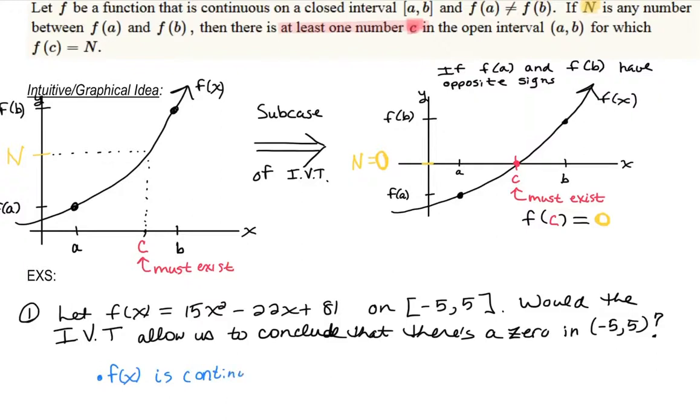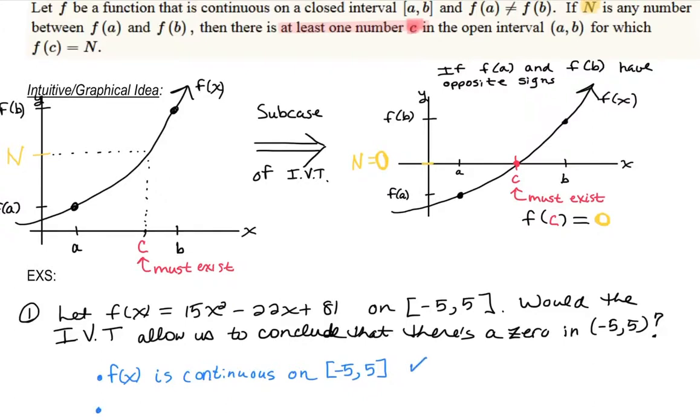And it definitely is, right? It's just a polynomial, a quadratic, a parabola. So f is definitely continuous. Any interval I would give you, it would be continuous on that interval. So we've passed the first condition.